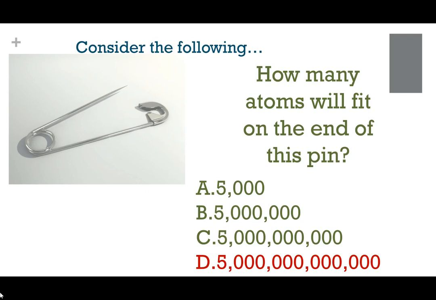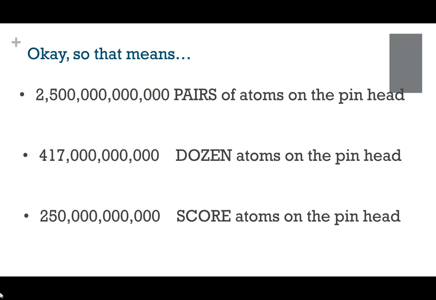Okay. So counting numbers are helpful because they reel in bigger numbers and help make them a little bit more user-friendly, easier to picture or imagine. So if we use the counting numbers that we've talked about so far, it doesn't really help us a lot in chemistry. So if I talk about how many pairs of atoms are on the end of that pin, still a ridiculously large number.